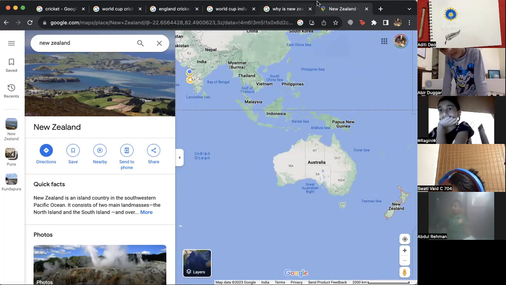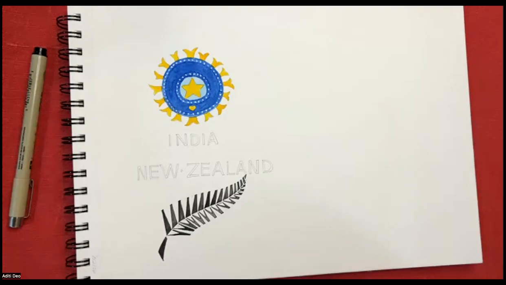And the reason why it's called New Zealand is because, wait, oh, originally it had a different name, and then I think there were some Dutch people from Holland, what is it called, Netherlands, who went there.